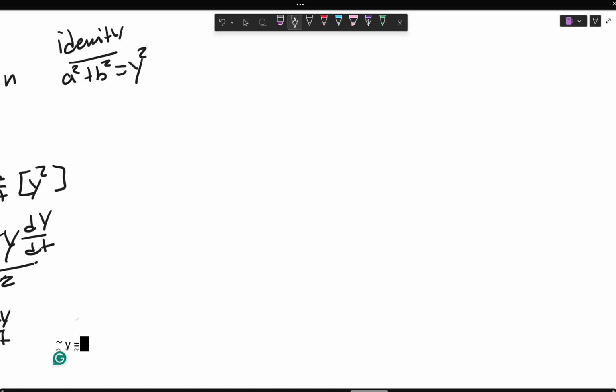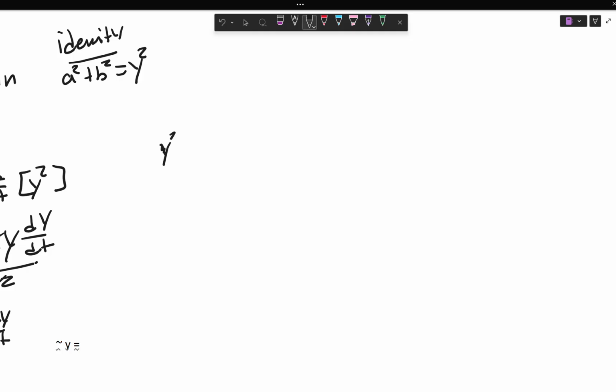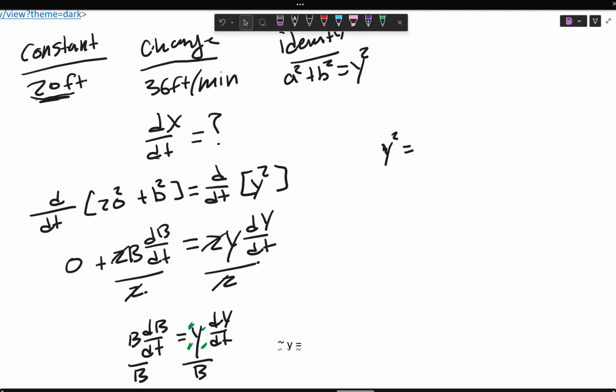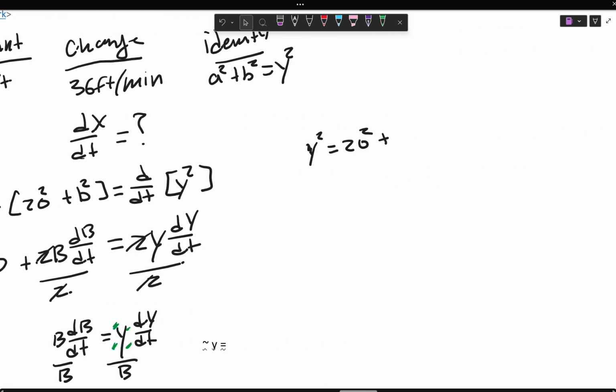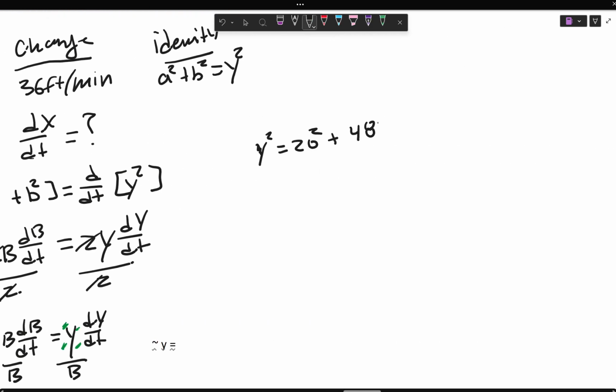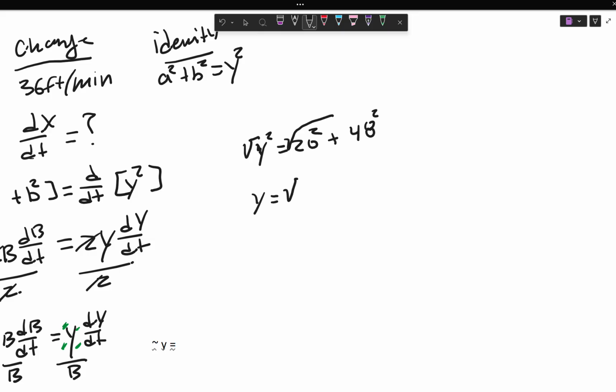Oh sorry, that was the wrong pen. So y squared is equal to, here we can use all of our constants, so it will be 20 squared plus b, our base, which is 48 squared. To get y by itself, we take the square root of both sides, so y is equal to the square root of 20 squared plus 48 squared.